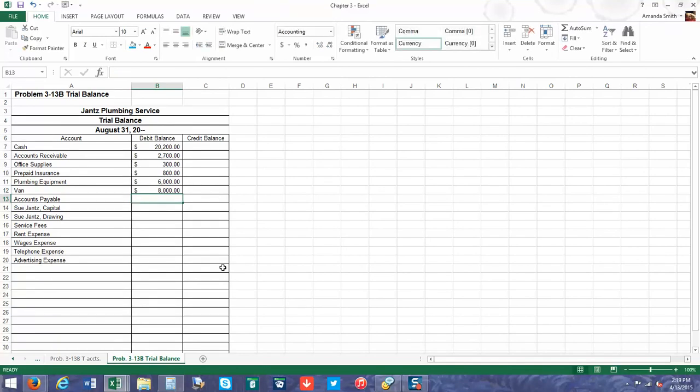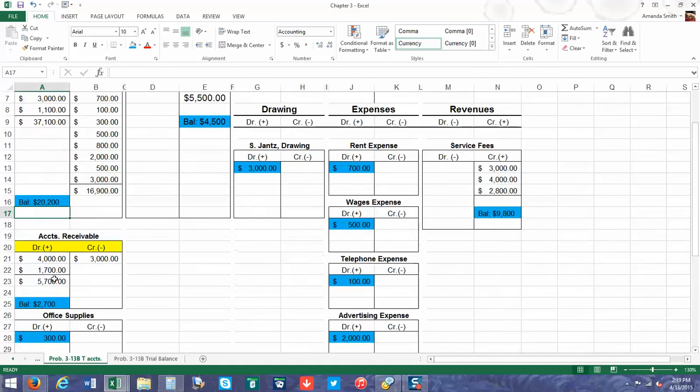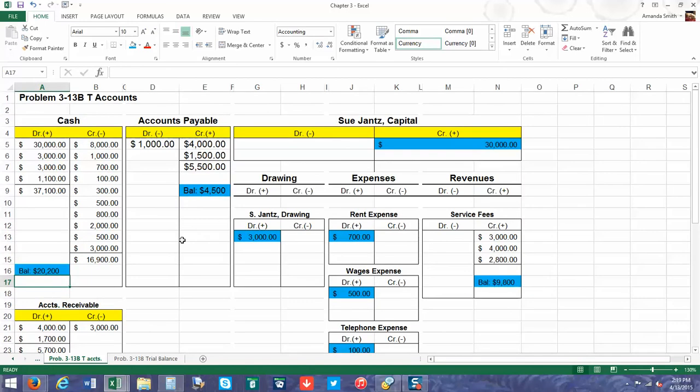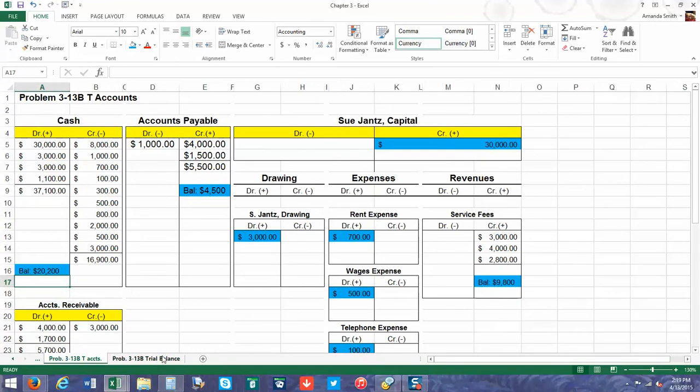One thing I will caution you on is make sure you enter the amounts in the correct side, whether it was a debit balance or a credit balance. So for example, all of the assets are debit balances like is shown on our T accounts. Accounts payable is a credit for $4,500. Our capital is $30,000.